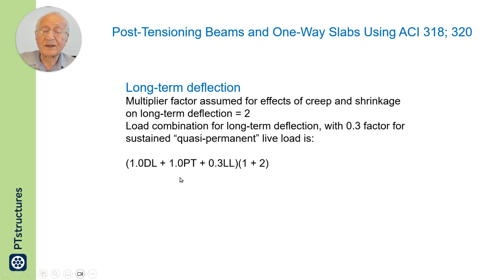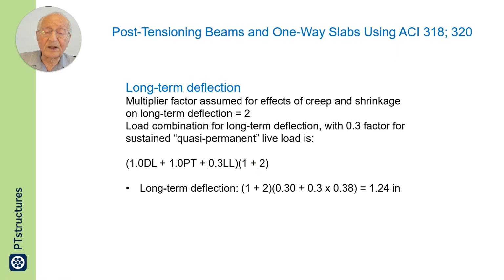So the formula for long-term deflection is 1 times dead load, 1 times PT, 30% of live load, 1 is immediate deflection, plus 2 times creep deflection.